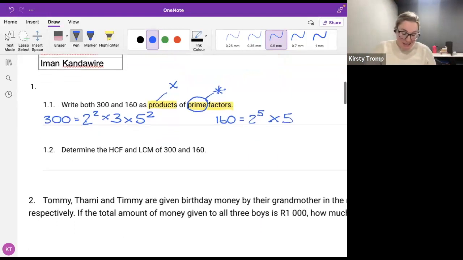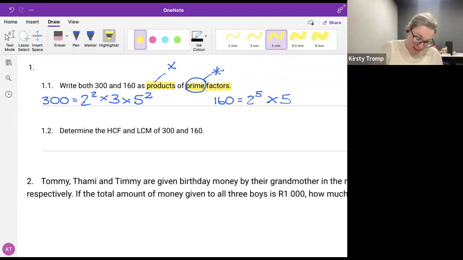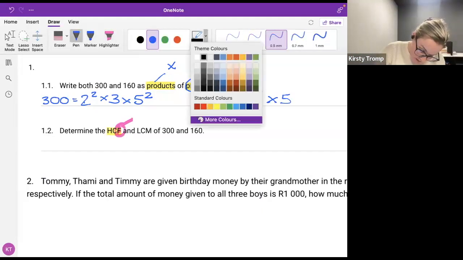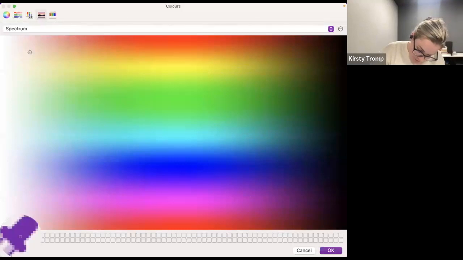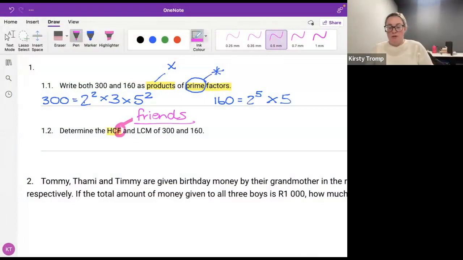Okay, when I teach this in my lessons, I always say to my students, when we're looking for an HCF, you need to think of this F over here as the numbers wanting to be what I call friends. All right, so when we're looking for an HCF, the numbers, they want to be friends.